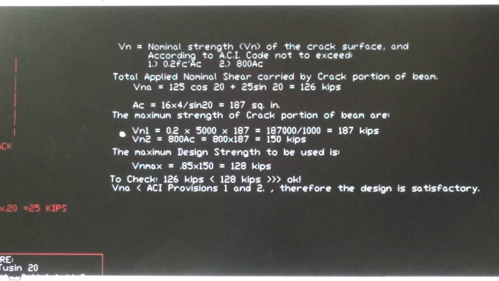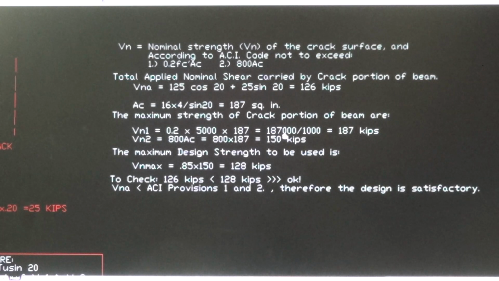The design shear strength of the crack portion of the beam, criteria number 1, is equal to 0.2 times the concrete strength of 5,000 psi multiplied by the area of the crack, 187 square inches, which is 187,000 pounds.